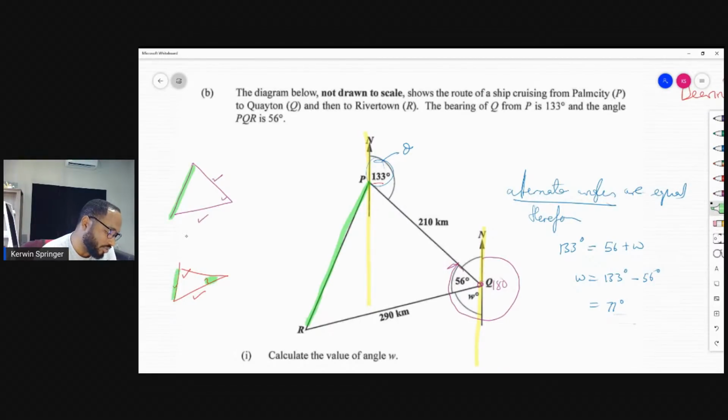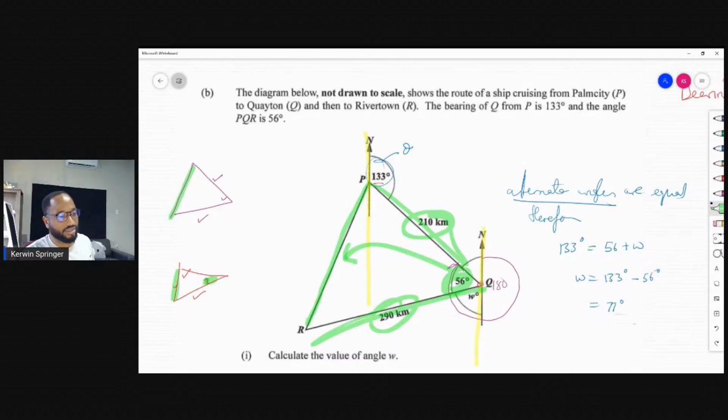Sine rule deals with the ratio of the angle to the opposite side. Cosine rule deals with two sides that you know and an angle sandwiched in between, and you're trying to find the thing opposite. Normally, cosine rule is the most used one, and it comes first, then the sine rule. And this one, I didn't even use the sine rule. After you do the cosine rule, you're done.